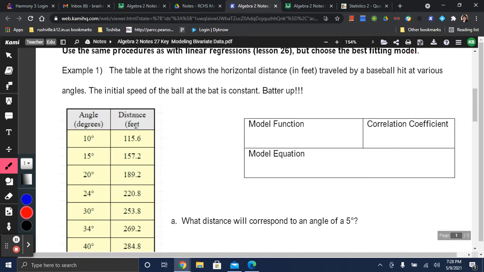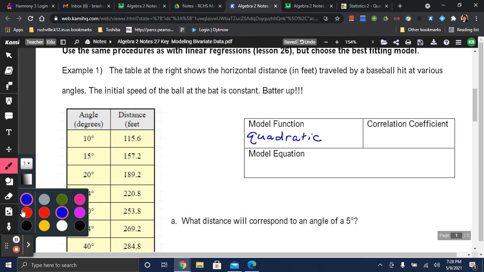We decided to use a quadratic, since once we got it graphed, we saw that it should be a quadratic. Then you're asked about the correlation coefficient, which is generally going to be the value of R.